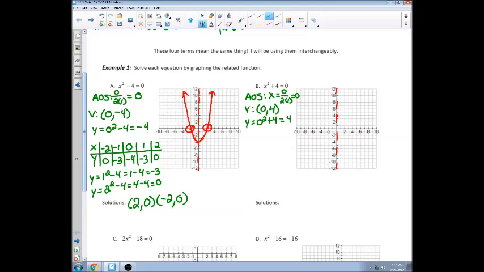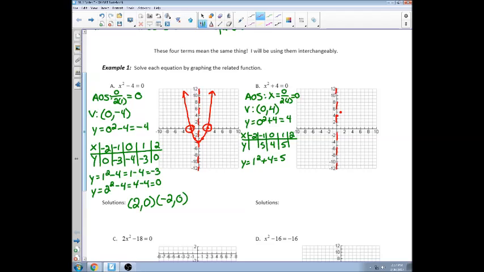Now I need to fill in the rest of my graph, so I'll have an x and y. 0, 1, 1, 2, 2, 3, 3, 4, 4, 5. Put my vertex in the center. Add 1, subtract 1. Again, if I put 1 in for x, I would have y equals 1 squared plus 4, which is 5. Go ahead and plot those points right now. From 0, 0, I go right 1, up 5.